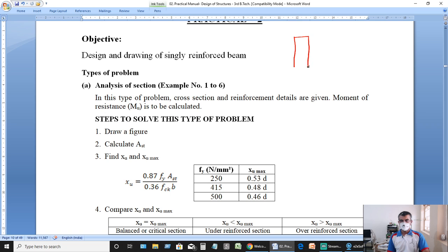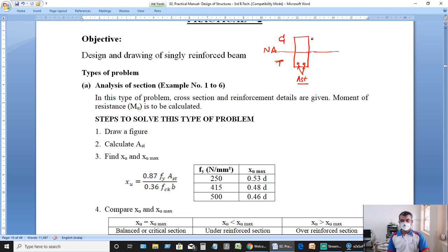If we have a cross section of a beam, at the bottom of that section we provide the reinforcement, and that reinforcement is called AST, that is area of steel in tension. This is your neutral axis. If the sagging moment is there, the upper portion is under compression and the bottom portion is subjected to tension.